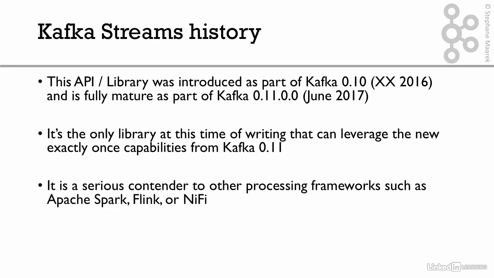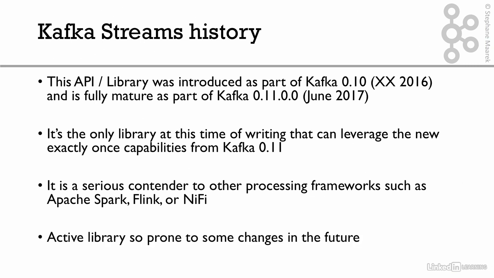To me, I think it's a serious contender to frameworks such as Spark or Flink or NiFi because it's so easy to operate and it's so easy to just write a topology to do what you need. It's extremely active, so you never know if there's going to be some changes, but overall, I think that now it's on 2.0, it's quite stable.